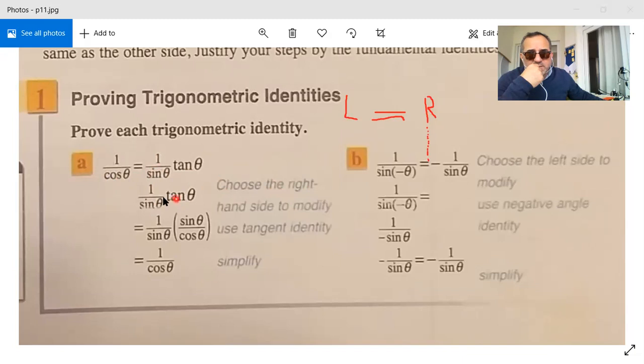Tan is equal to sine over cosine. This time we convert tan to sine and cosine. This one is equal to sine over cosine.